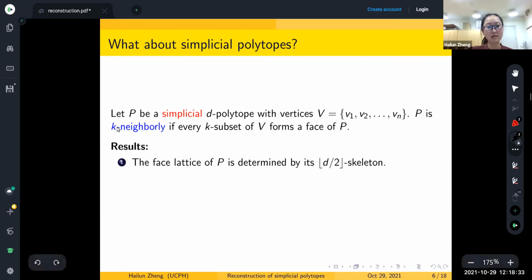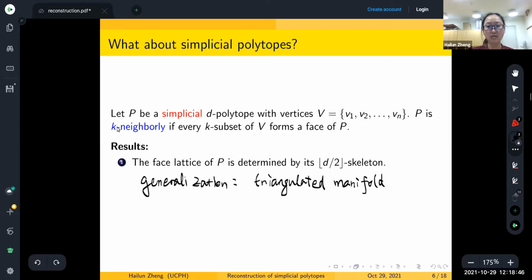There is a very nice generalization to the class of triangulated manifolds, and the result is really similar. It's just that for manifolds you have to be careful, because if the homology groups are really complicated, say non-trivial in the middle, then maybe just knowing the D over 2 skeleton is not enough.